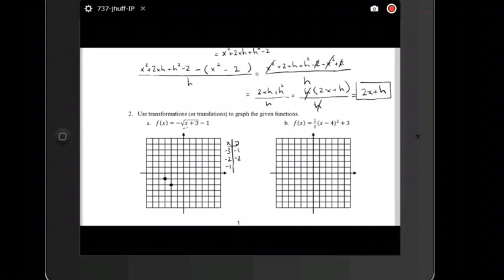Now if I plug in a -1 for x, I get -1 plus 3, which is 2. And then the square root of 2 is about 1.4. And then -1.4 because of the negative right there. And then -1.4 subtract 1 is -2.4. Right about there.